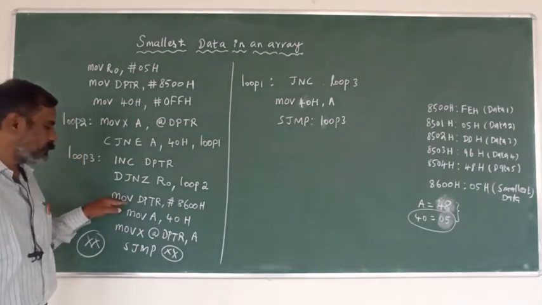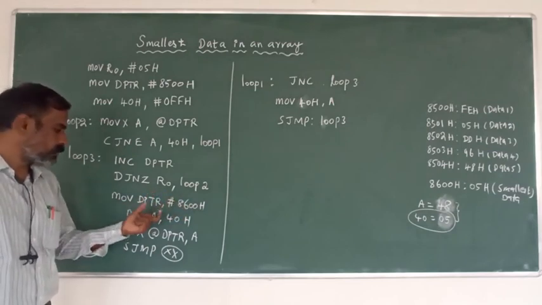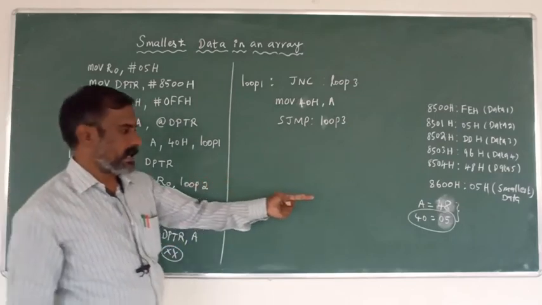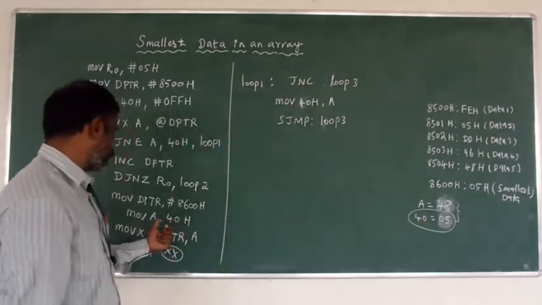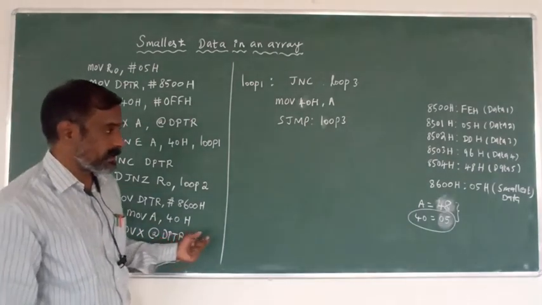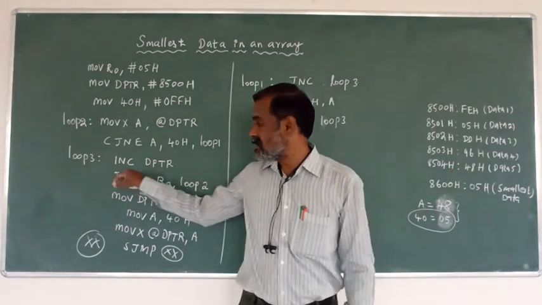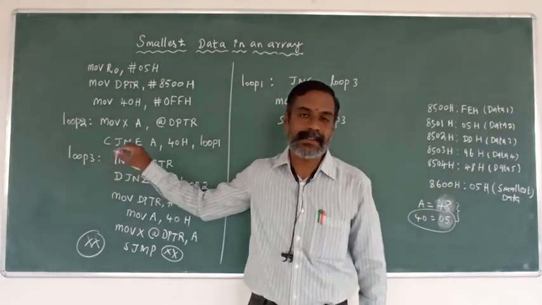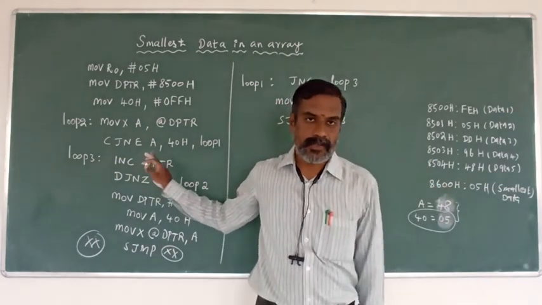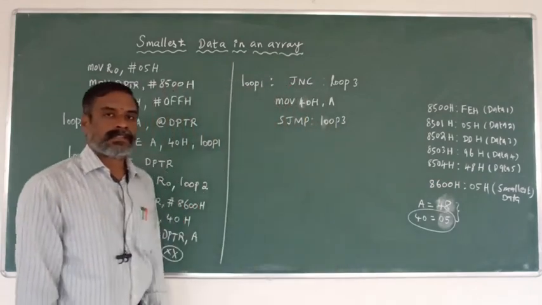We can remove MOV DPTR, #8600. We can remove it, and MOV A, 40H means now the 40H data 05 is available to move to the accumulator, and then the accumulator data is moved to the data pointer address. Now the data pointer address is 8505. Why? Because it is already incremented. For this format also we can write. Okay. Thank you.